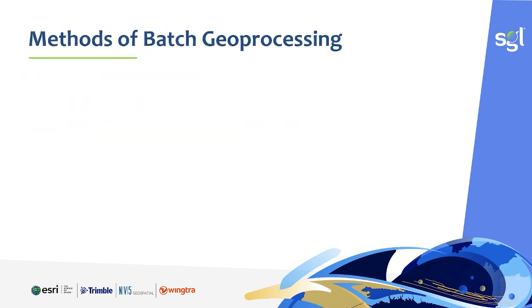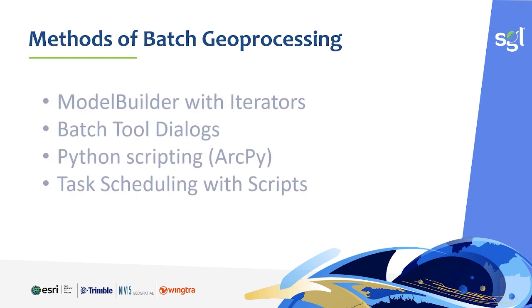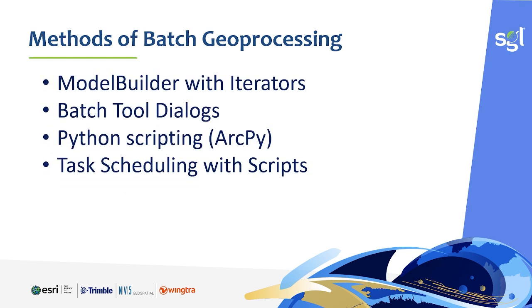So, what are the methods of geoprocessing? We have the model builder, like I mentioned, but in this case with iterators, right? And then we have the batch tool dialog itself, a GUI, if you prefer that. And then we could go the hard scripting way or scheduling tasks with scripts, right?